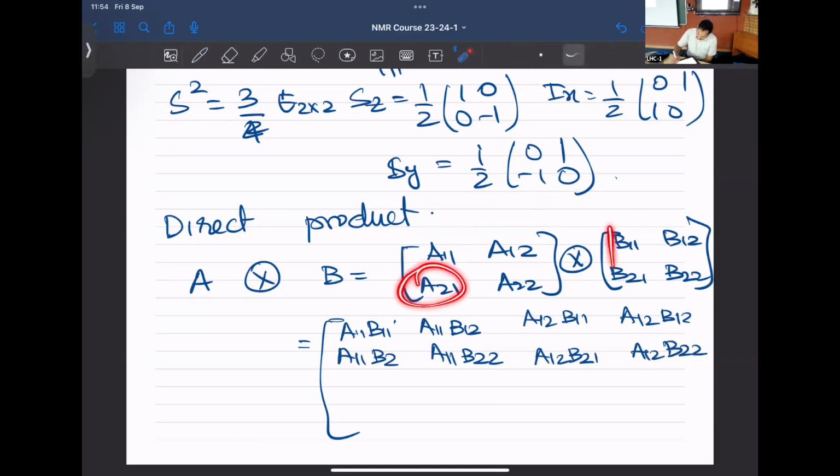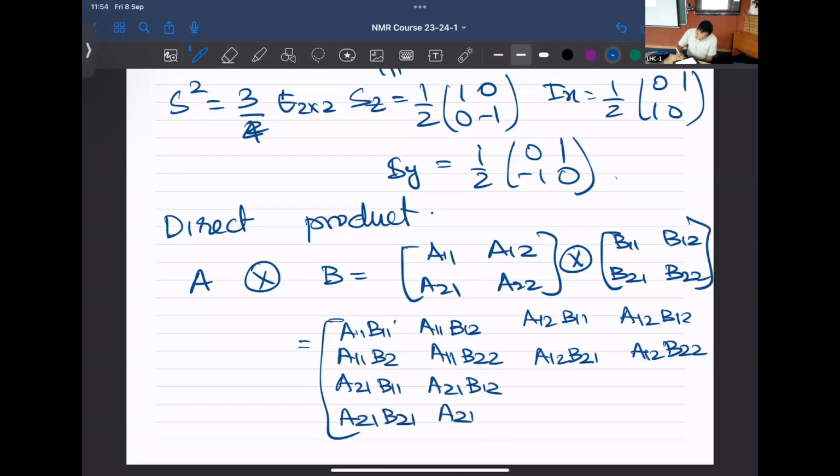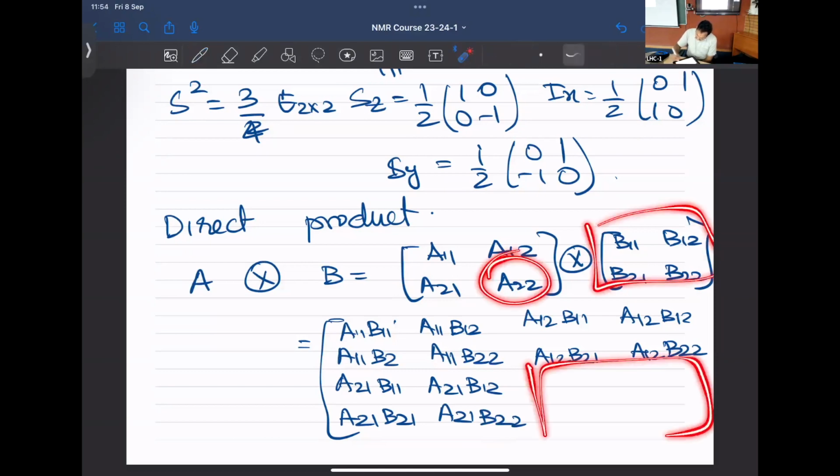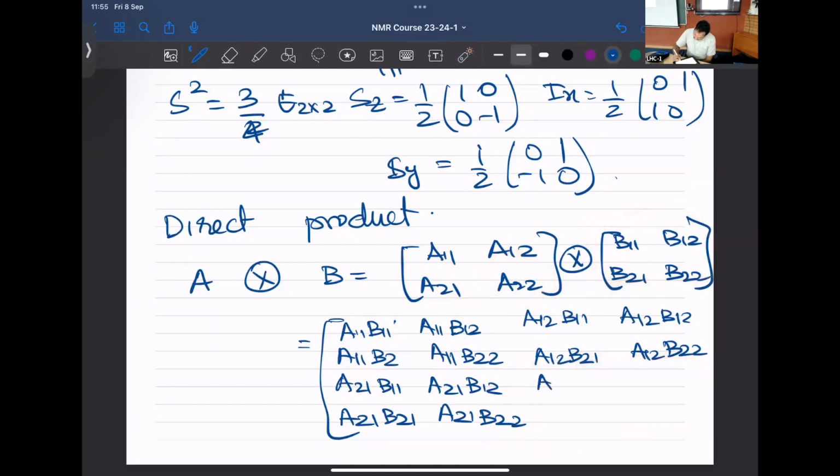Similarly, take this one and multiply the entire thing and put it up here. That's going to be A21 B11, A21 B12, A21 B21, A21 B22. Then the last one will be multiply the whole thing and put it up here. So it's going to be A22 B11, A22 B12, A22 B21, A22 B22.